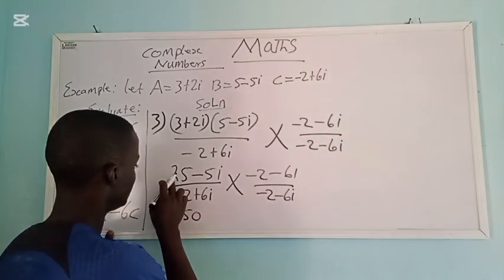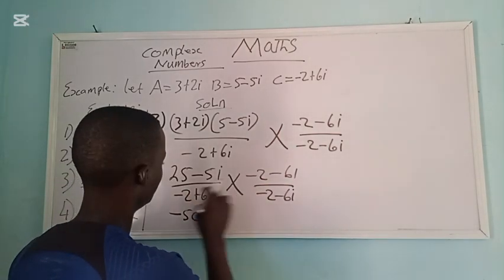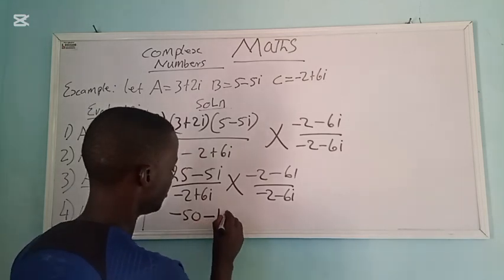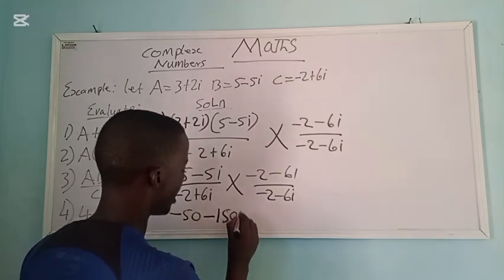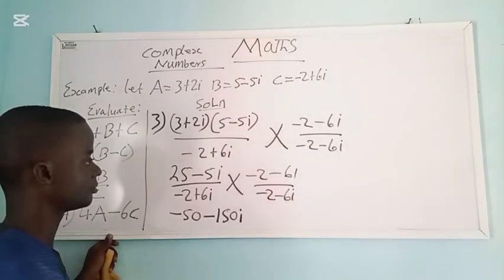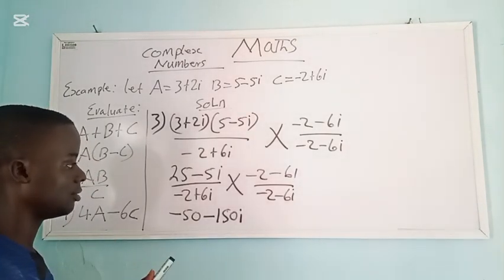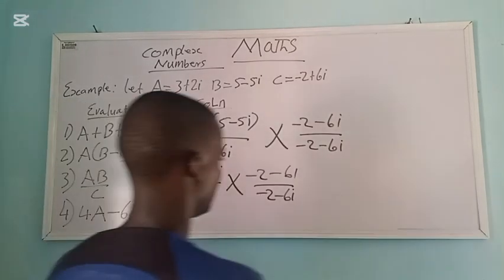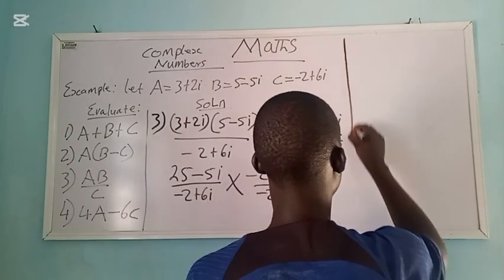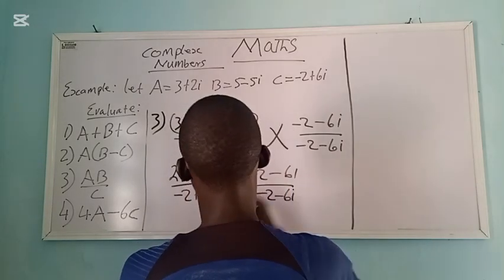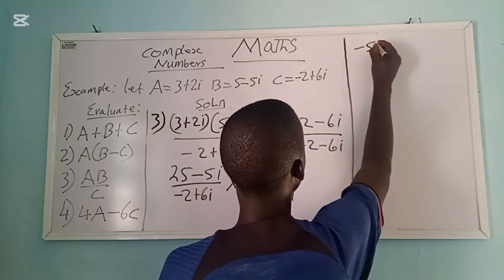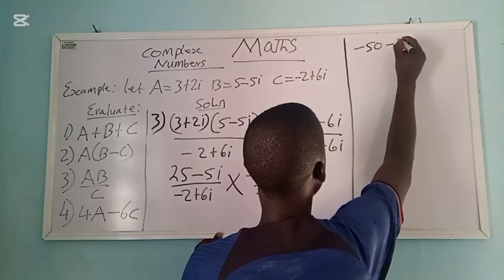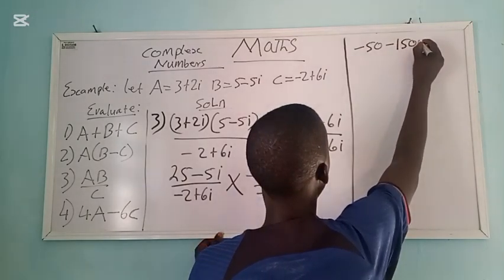So now 25 times minus 6i will be minus 150i. Since the space will not do here, let me use this place. So now we'll have minus 50 minus 150i.